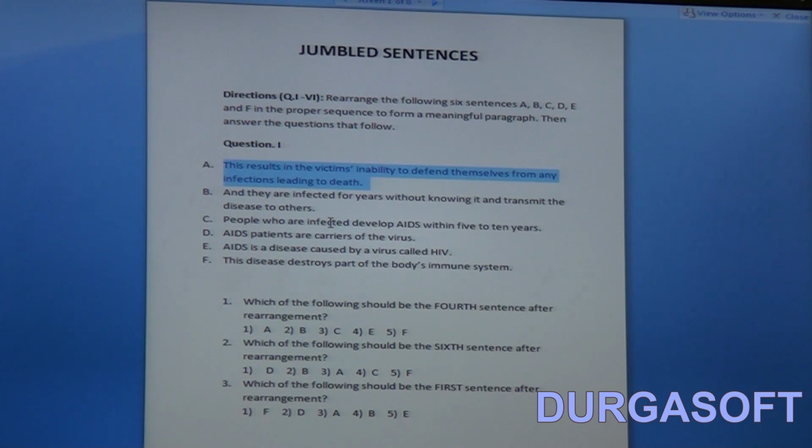So which can be the fourth sentence? Someone has told me B. Any other option?